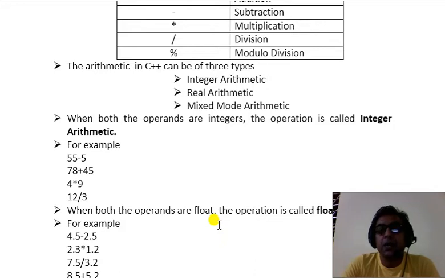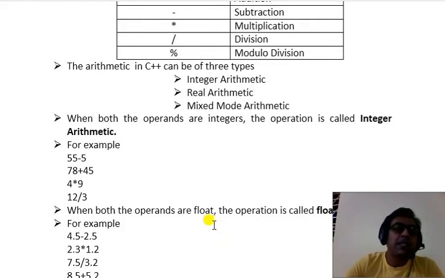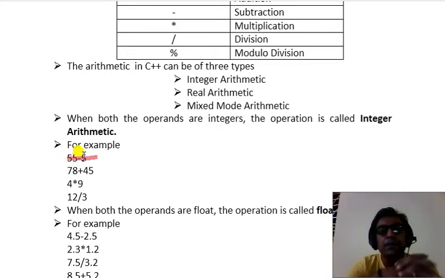For example, here I have written 55 minus 5. That means I am subtracting 55 minus 5. So here 55 is a number which is of integer type. 5 is a number which is also integer type. So here both the numbers are of integer types. So this kind of operation is called as integer arithmetic operation.